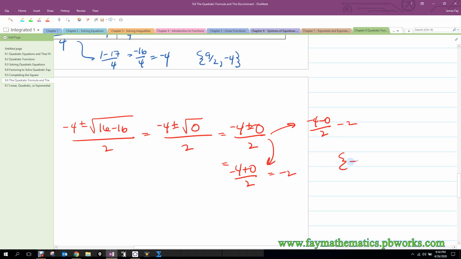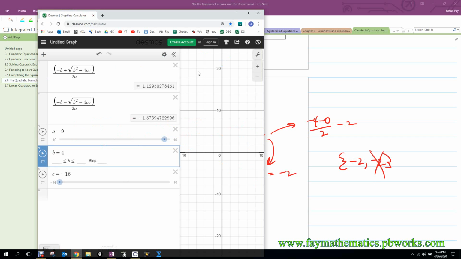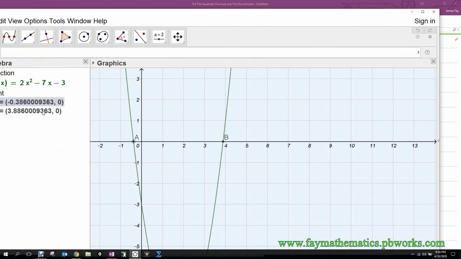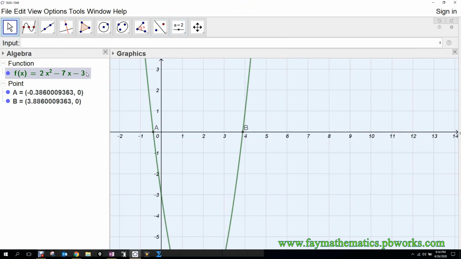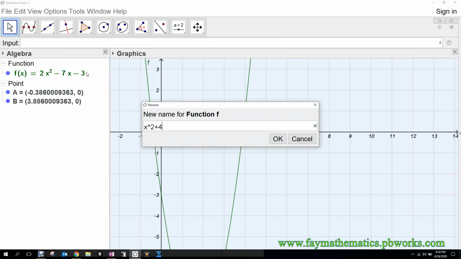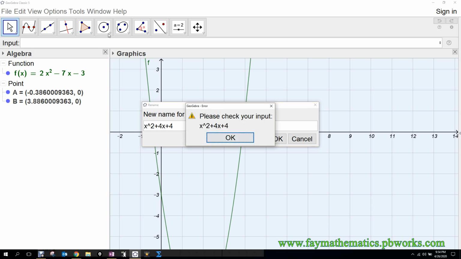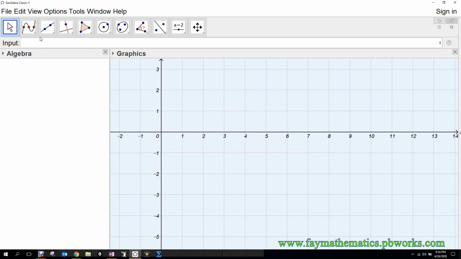And you can write it as negative 2 comma negative 2, but you usually don't do that because it's redundant. Okay, so we just write it one time. But let's see what it looks like when it's a double answer like that. See what the graph looks like here. So we had x squared plus 4x plus 4.